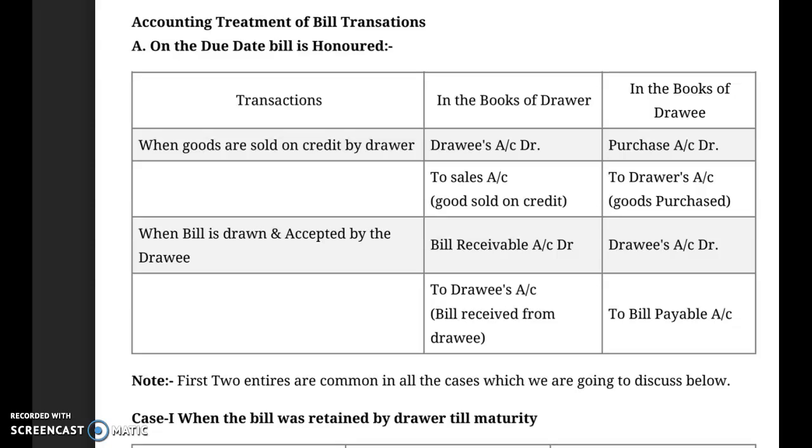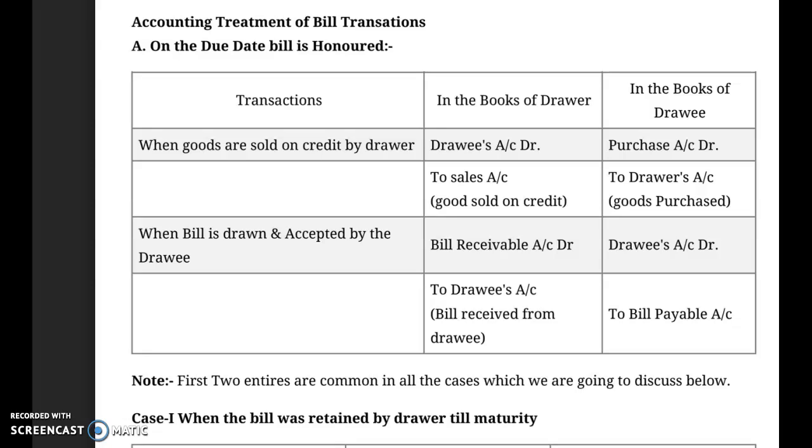So he is liable to make the payment of those noting charges to the drawer or to the party who is going to get the notification of the bill. So it is important to understand what journal entries are to be recorded in all these cases depending upon the bill which is dishonored.